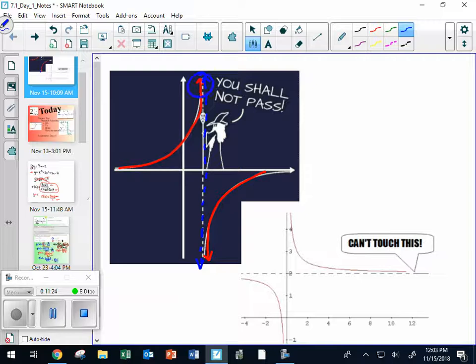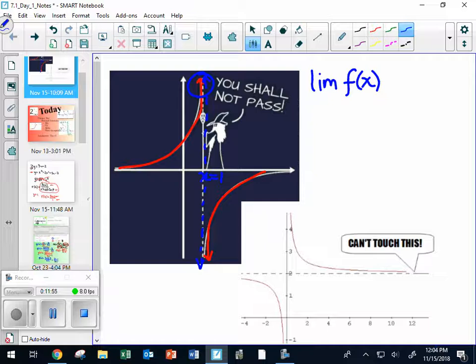So if I looked at the graph's behavior right there and I said, I want to write this in limit notation. Remember limit notation that we've been doing for the past week? If I wanted to write this in limit notation, we're going to start with the limit of f of x. And then we have to figure out what x is approaching and what our y value will be. So if we're looking at this, let's say that this is at x equals 1. Right? We have an asymptote at x equals 1.